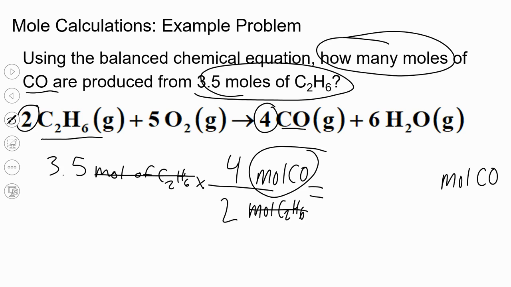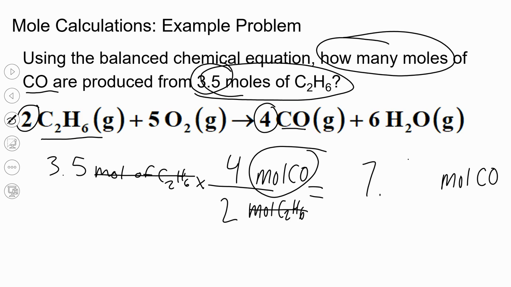So writing these problems out, making sure that your units cancel, that's going to be really important. Okay, so then if I do this on my calculator, 3.5 times 4 divided by 2 is 7, but I use this as my sig fig value. These are just the exact numbers. Like if I have 10 fingers, that doesn't really have sig figs. This is not counting towards our sig figs.